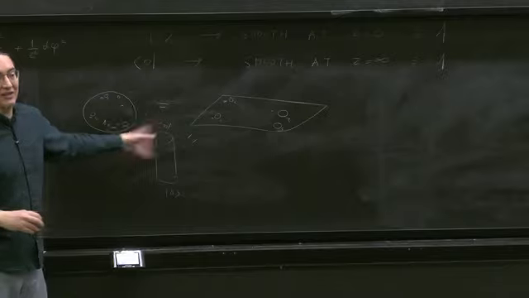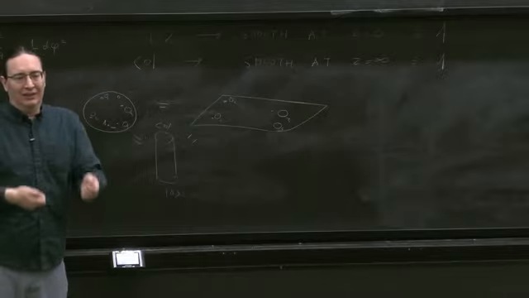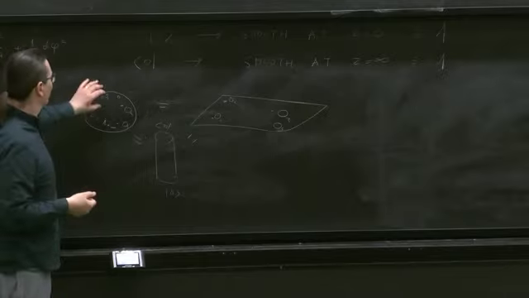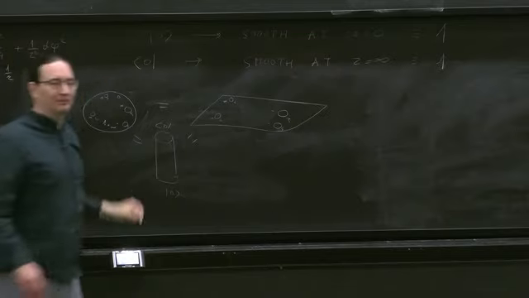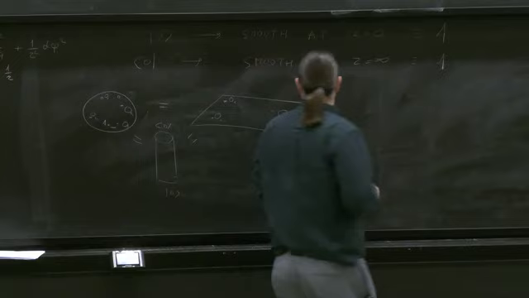Where equality means that I might have to adjust what I mean by an operator. Like here, what I call dx in one coordinate system might be dx times something in the other coordinate system. Okay.